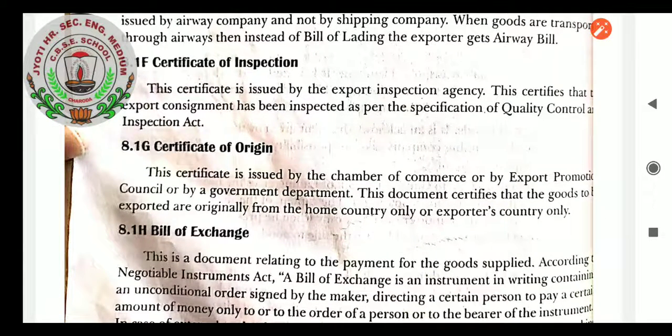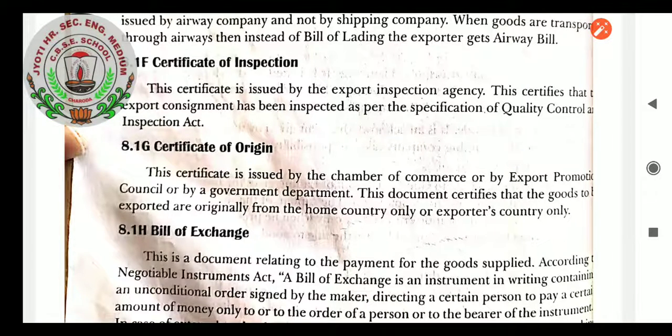Certificate of origin. This certificate is issued by the Chamber of Commerce and Industry, or by the Export Promotion Council, or by a government department. It states that the goods have been produced in the country of the exporter. So where the goods have originated is determined by the certificate of origin.